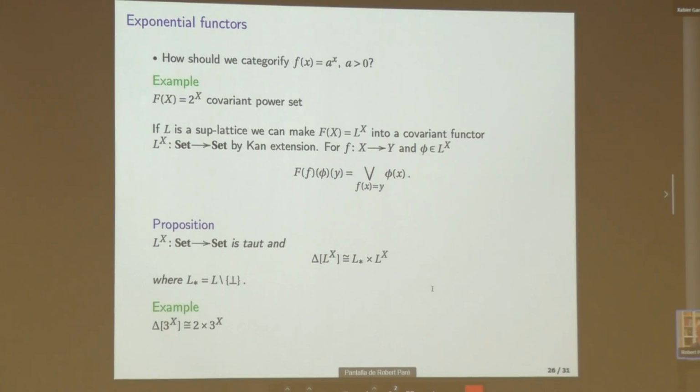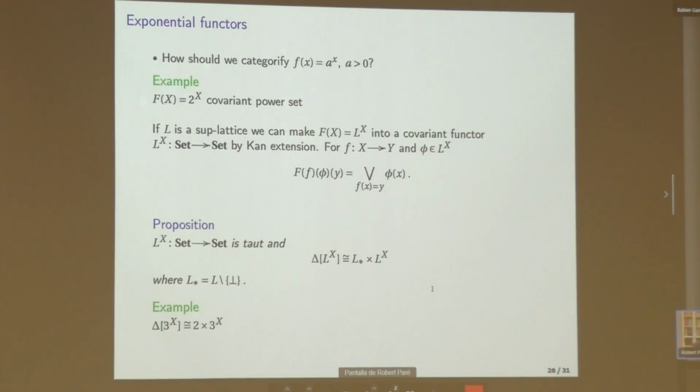So we have one example, the covariant power set functor, and we can sort of bootstrap that and take products of those, or maybe generalize it, replace 2 by 3, get a similar thing, and so on. So what makes all of those work is that 2 or 3 are sup lattices. So here, this is a bit of a stretch. I want to replace the positive sets, positive elements, by simply sup lattices.